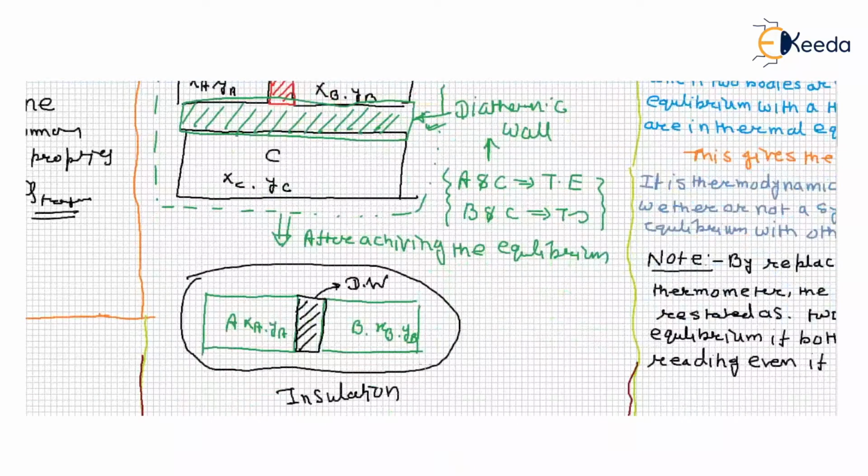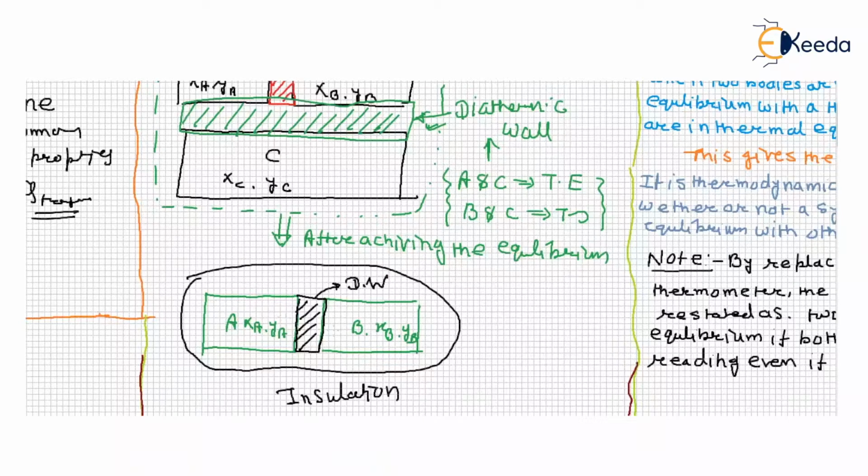The property of a diathermic wall is to allow heat between A and B, but after achieving equilibrium of A with C and B with C, we see that these properties don't change, though we insert a diathermic wall. That means if there is any unbalance between these properties, on insertion of this diathermic wall, the property will change. But though we insert a diathermic wall, the property doesn't change.